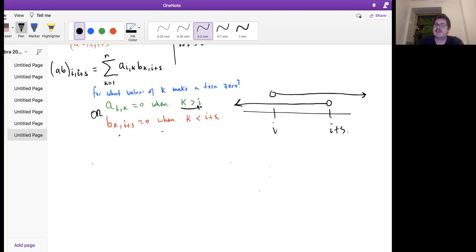If k is greater than i plus s, it's still going to be 0. So for all k, the term is 0. That means everything is 0.